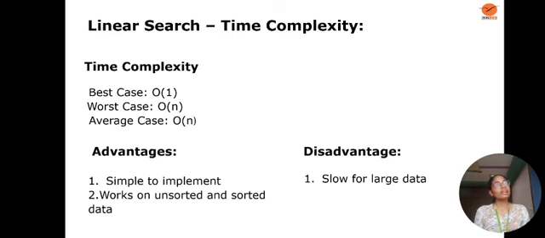That means the data can be arranged in any order, ascending or descending. So it works on unsorted or sorted arrays. Disadvantages: it is slow for large data. That means it takes so much time when we give large data.